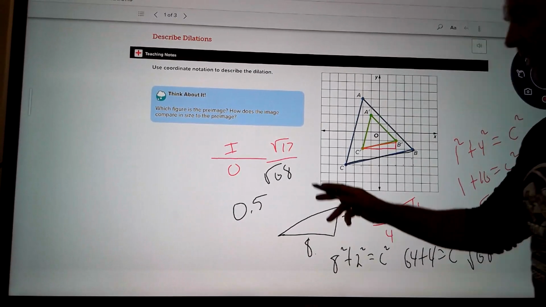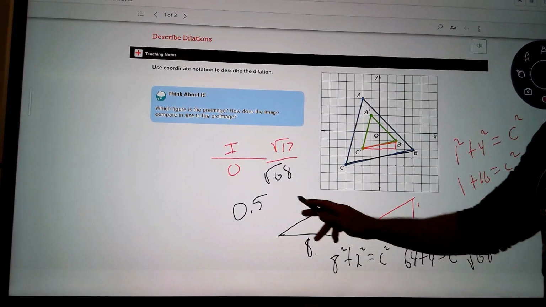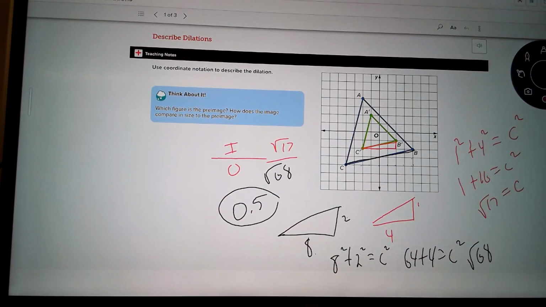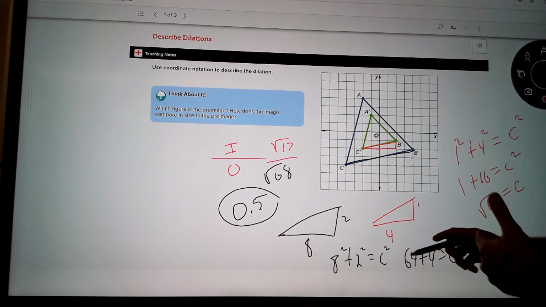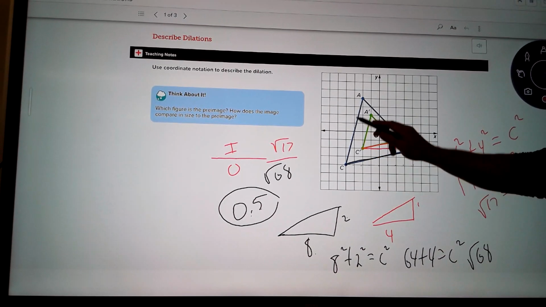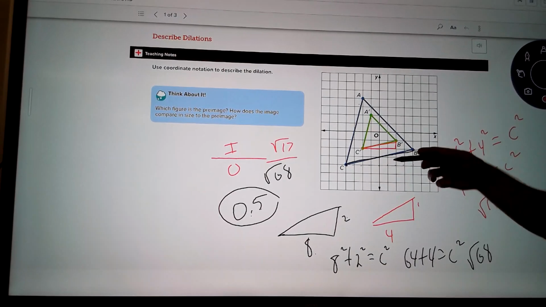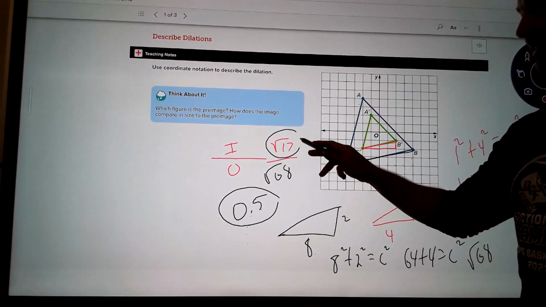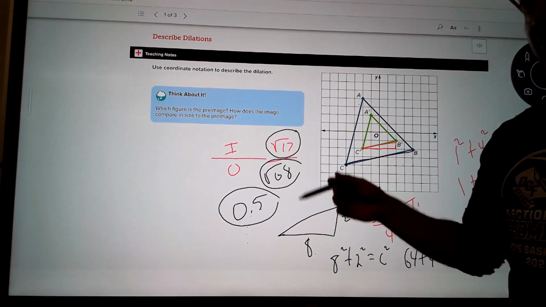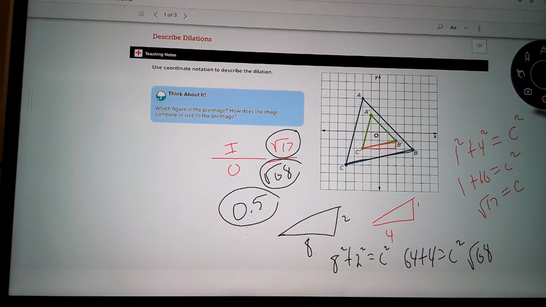So it looks like weird numbers, but it worked out where I know my scale factor is 0.5. So this is a dilation of 0.5. Now, we realize that from the original, it got smaller. We know we did it right. This is less than 1. So I would keep these as exact and use the exact numbers in a calculator, and it works out.